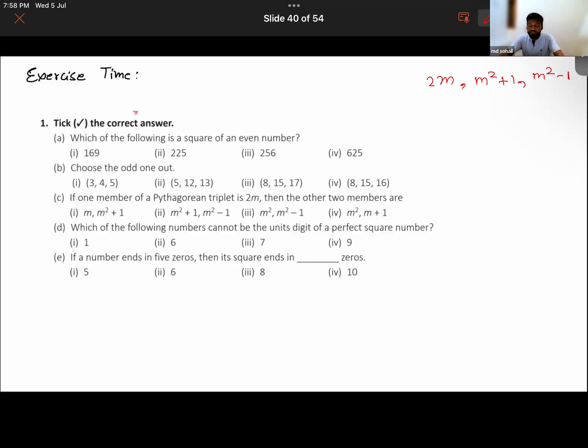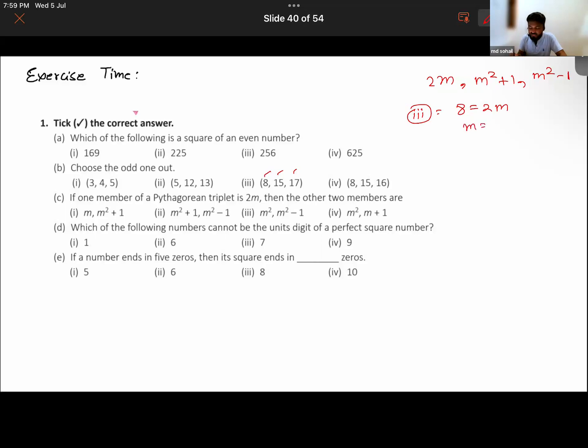Which one does not fit in the Pythagorean triplet format? Sir, third option, 8, 15, and 17. Look, 8, 15, and 17 fits in the Pythagorean triplet. You see how? So 8, you can represent in the form of 2m, since it's the smallest number of the 3.